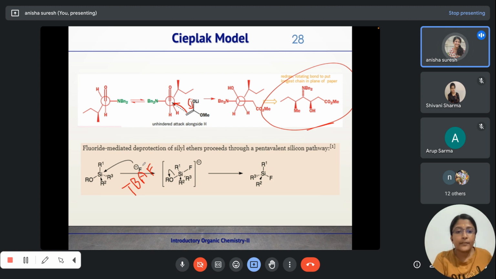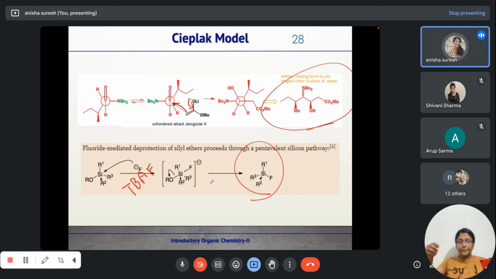This fluoride will have affinity towards silicon. It will come and attack on silicon, and this OR will be leaving out. This will be the intermediate that will be forming upon addition of the fluoride. Then OR will leave out, that will be our alcohol, and fluoride and silicon will be forming a complex. So this is how the alcohol group will be deprotected from the silyl protection.